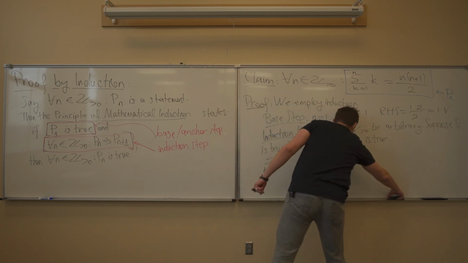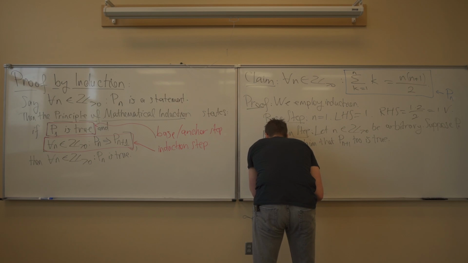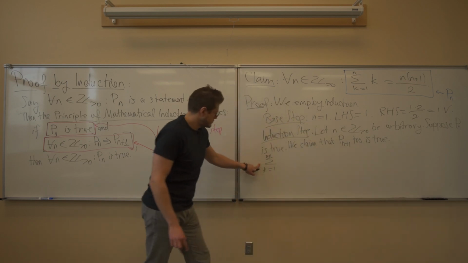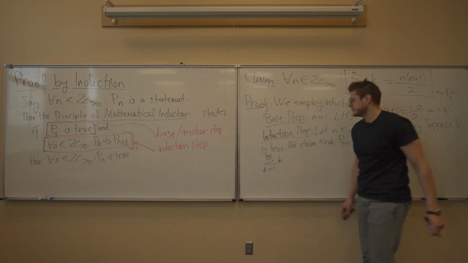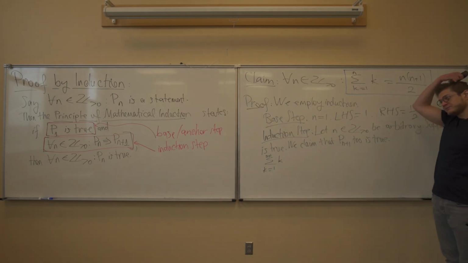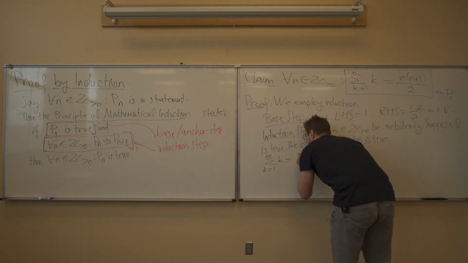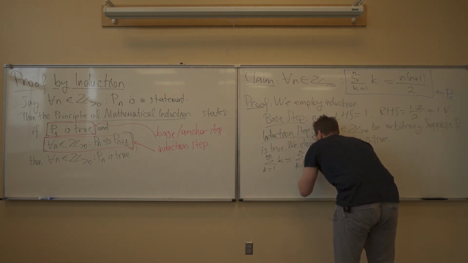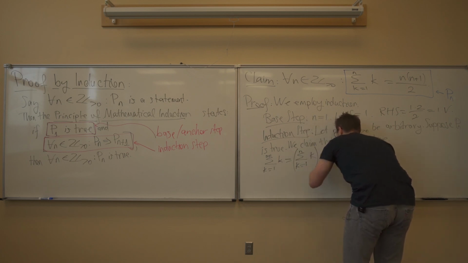The sum for k from 1 to n plus 1. Of course, I can split it so that I add up all the way up to n, and then I have an extra term. So this is the first part, and then plus n plus 1, the remainder.